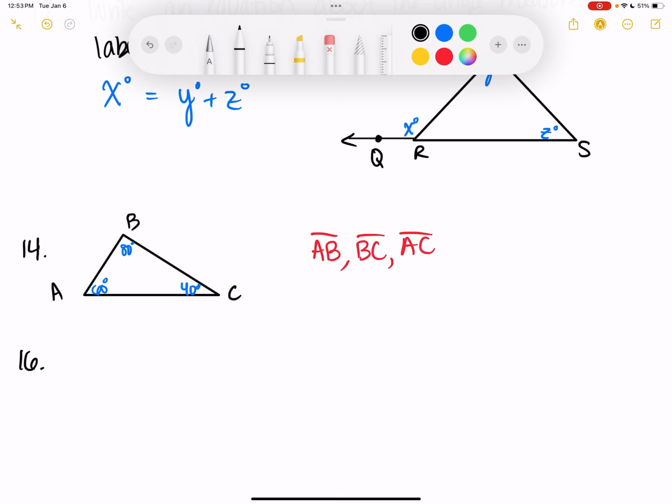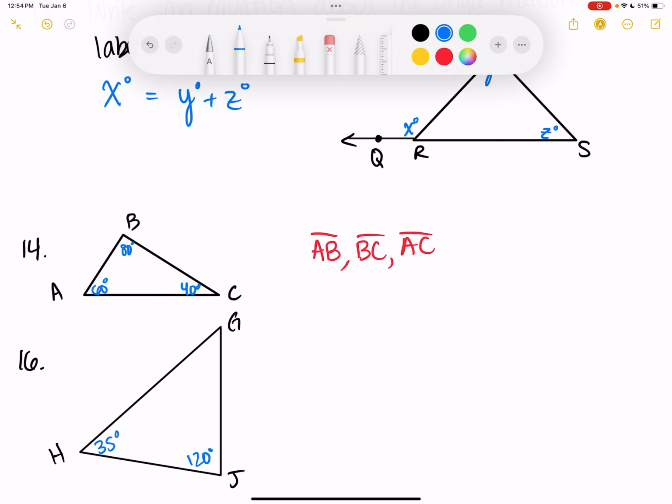16. Okay. So, they only gave me two angles on this one, so I need to find the third one.